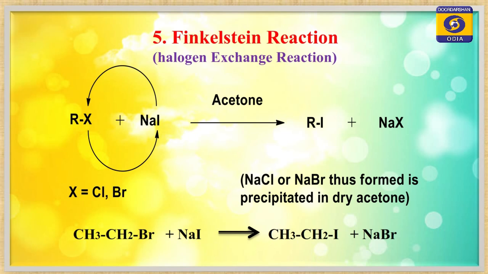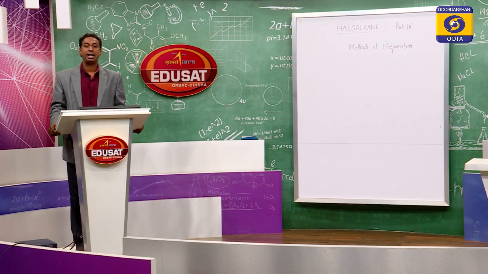See the reaction, RX plus NaI, NaI is the reagent and acetone is the solvent used here, to get RI plus NaX. Take an example, if it is methyl chloride or methyl bromide and you add sodium iodide and acetone, you get methyl iodide and the respective sodium chloride or sodium bromide. This reaction we call Finkelstein reaction, conversion from chloroalkane or bromoalkane into iodoalkane.